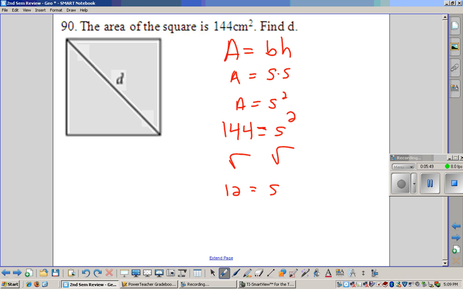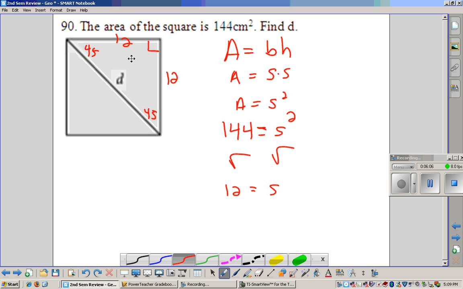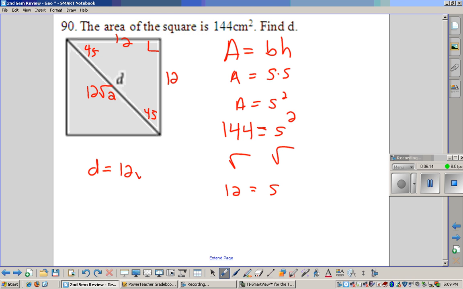We get the side length is 12. So this is 12, and this is 12. This is a special triangle, because if you cut the diagonal, you create a 45, 45, 90 right triangle. To get to the hypotenuse of a 45, 45 right triangle, you take the side and multiply it by root 2. So D is equal to 12 root 2.